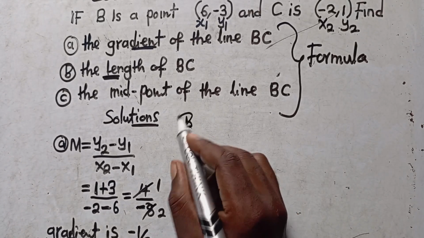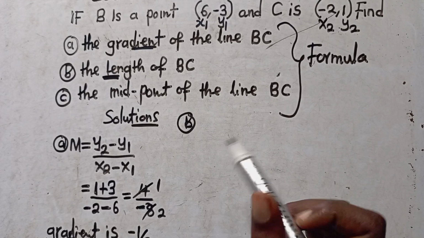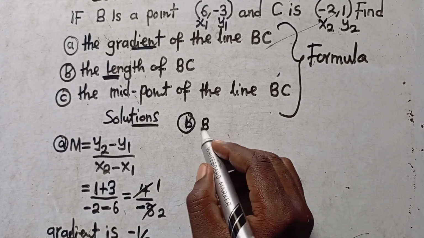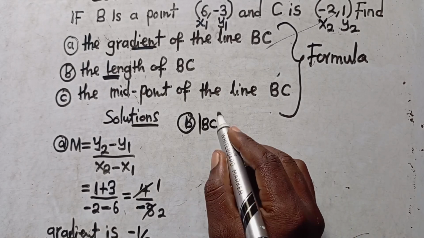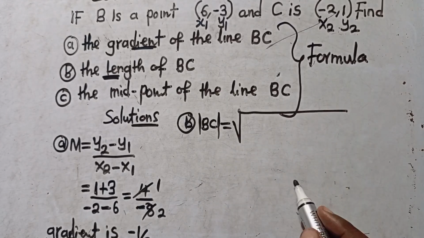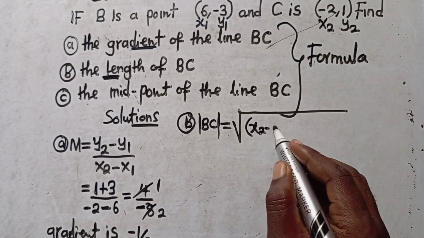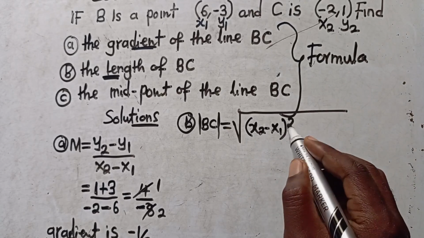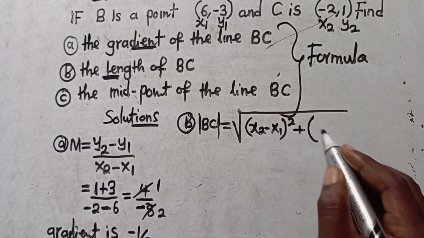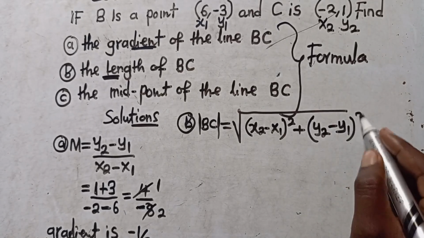We go to B, where we are told to find the length of BC. So the length of BC, modulus, don't forget, is equal to the formula: the square root of x2 minus x1 squared plus y2 minus y1 squared.